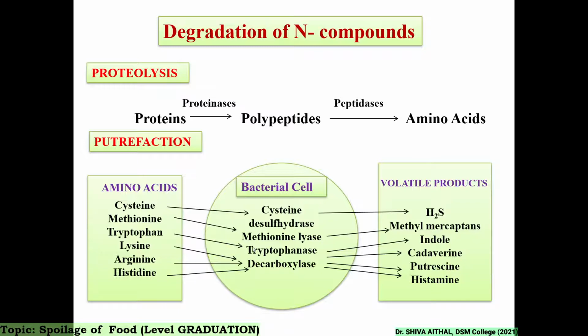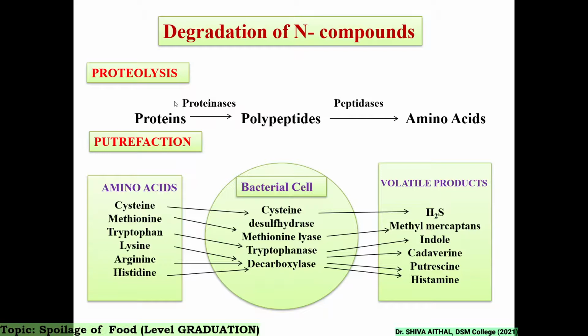Tryptophan is acted upon by tryptophanase to give rise to indole, whereas lysine, arginine, histidine are acted upon by decarboxylase to give rise to cadaverine, putrescine, histamine. Try to understand the dual mechanism of degradation of N compounds here. What is happening?